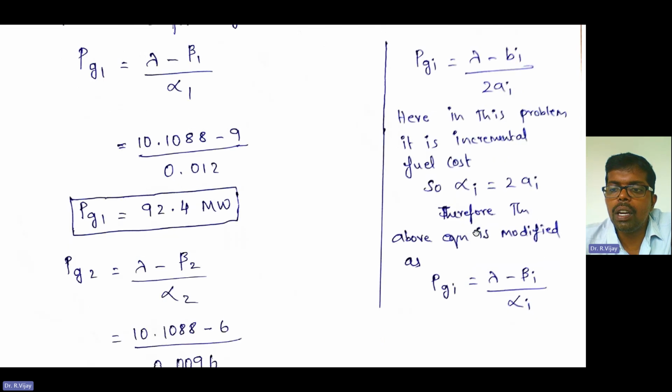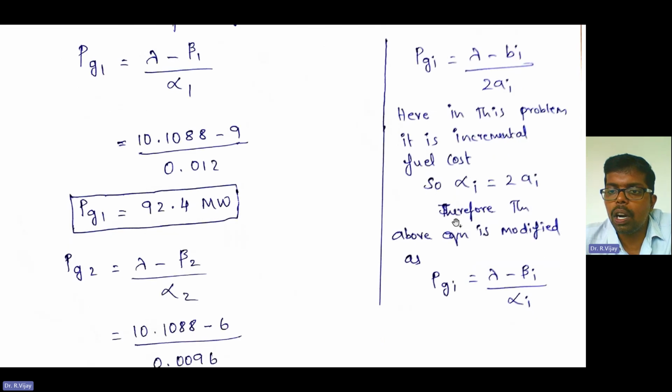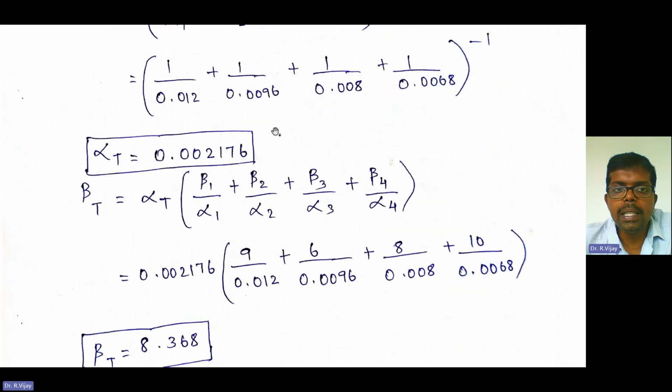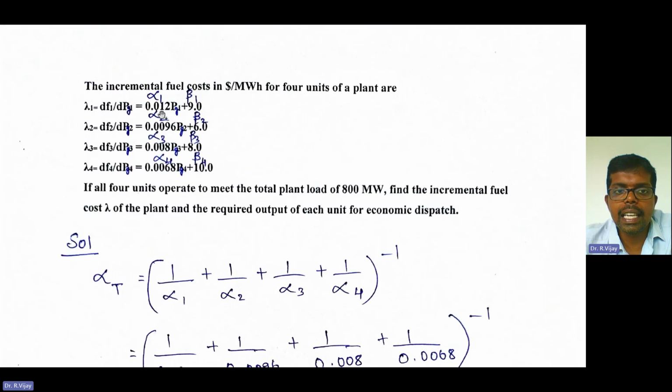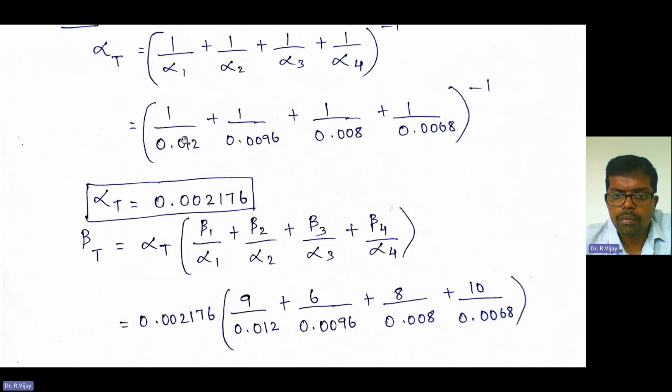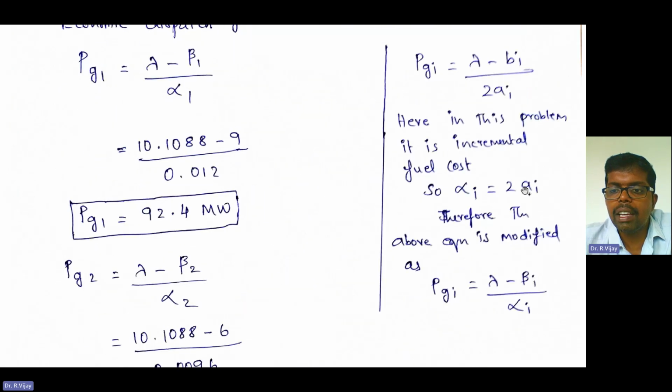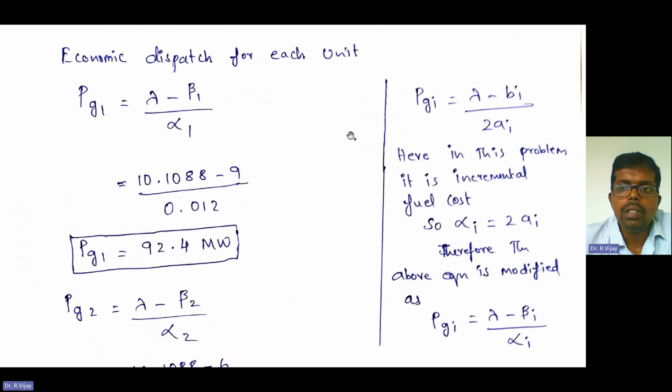So this equation is modified as PGI is equal to lambda minus beta I divided by alpha I.